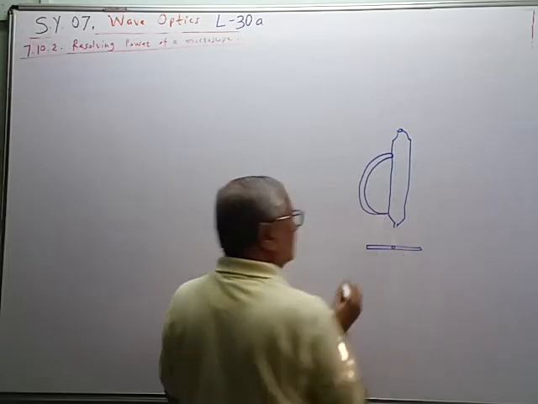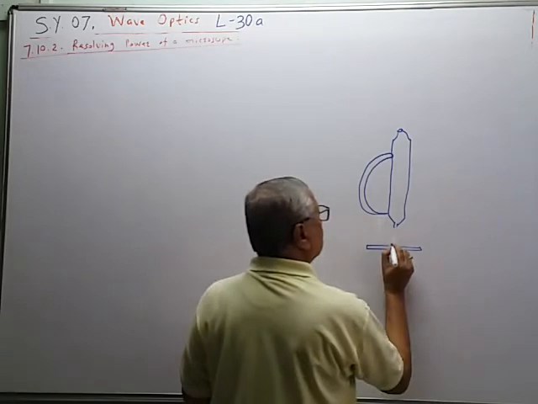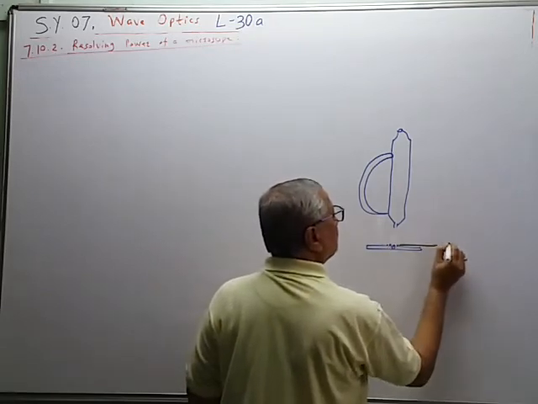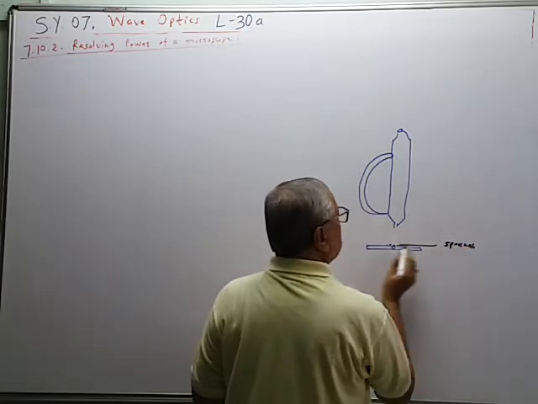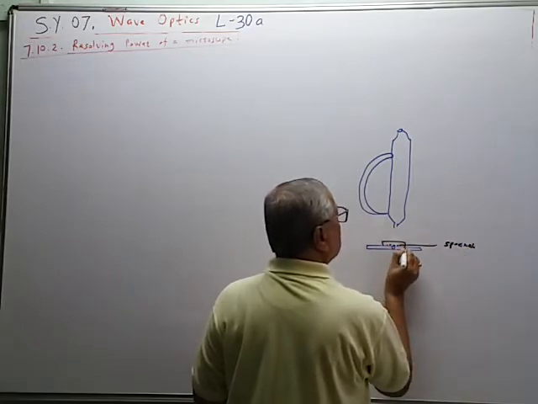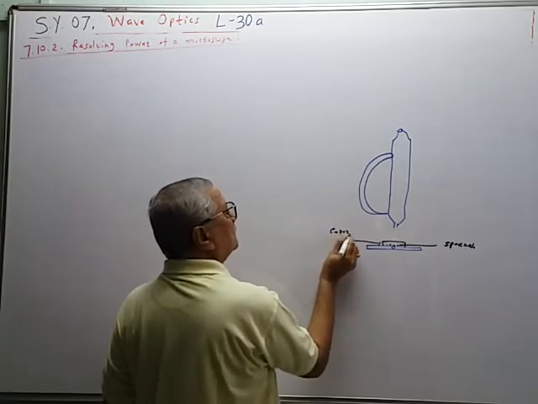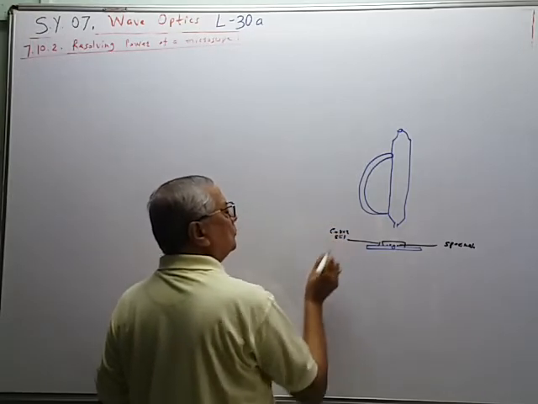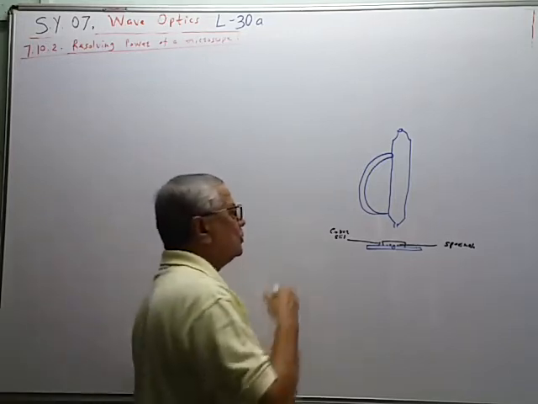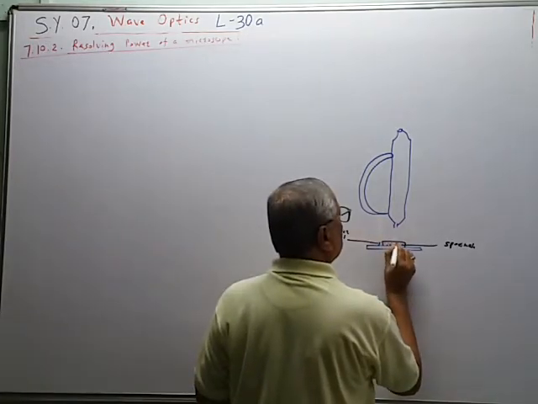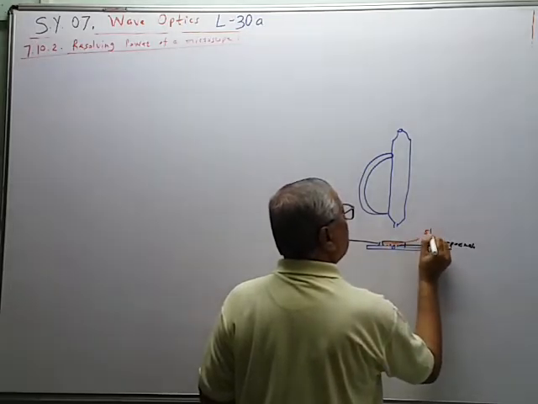Here is the object, you can say specimen. This is covered with the glass plate, cover slip, and some stainer are used. Stainer liquid.